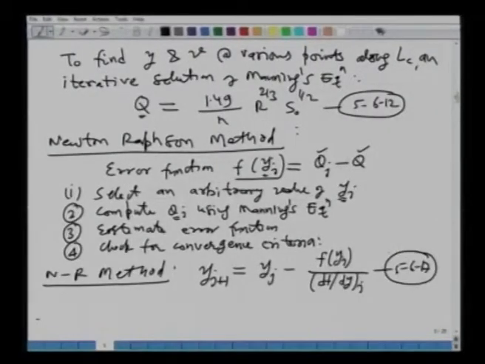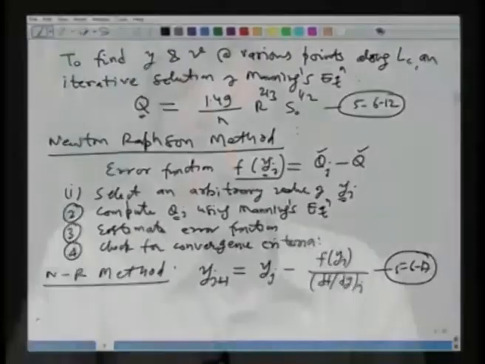Okay. So, what I would like to do is derive this expression based on the concept of the Newton-Raphson method. The basis of the Newton-Raphson method is that it extrapolates the tangent.